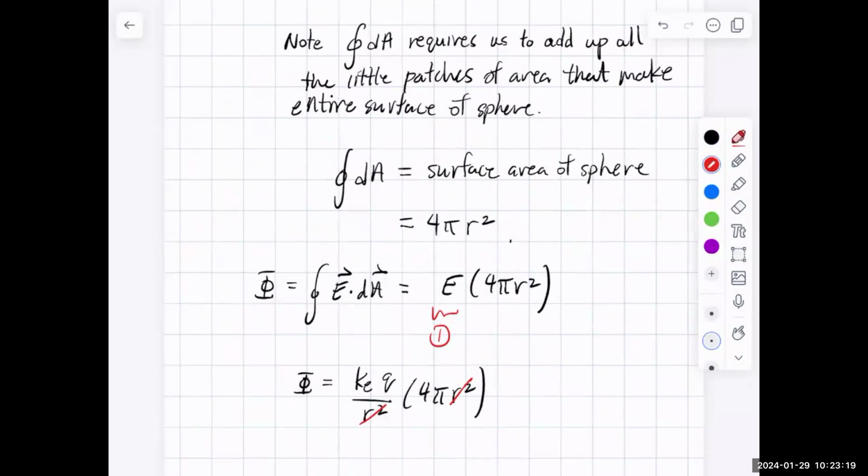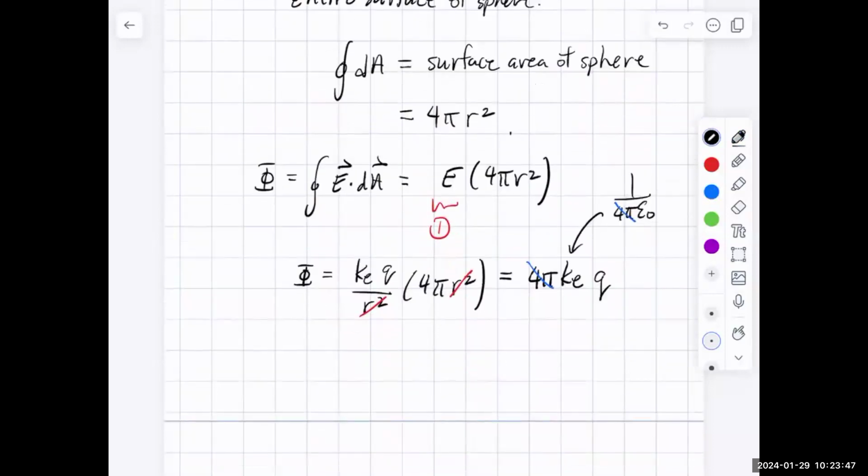The r squareds cancel. And we have 4 pi Ke times Q left over. But remember, Ke we could express as 1 over 4 pi epsilon naught. And so another beautiful thing happens. We're going to cancel these factors of 4 pi. And we're going to be left with phi is equal to, let's see, Q over epsilon naught.